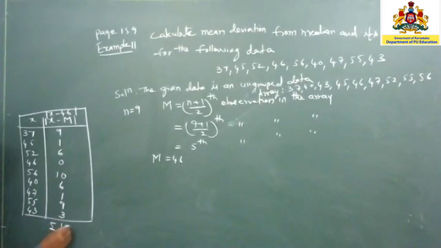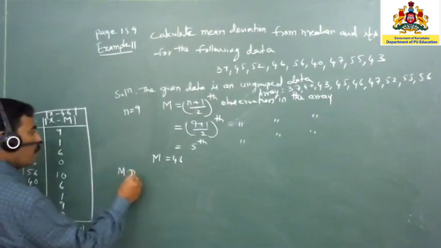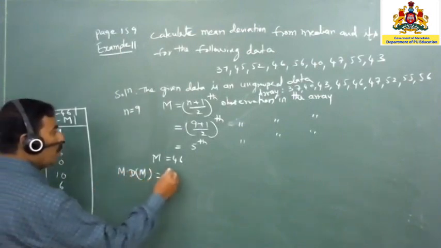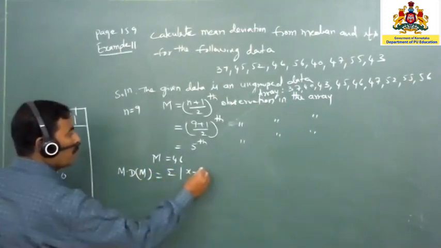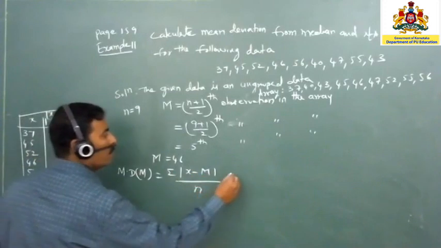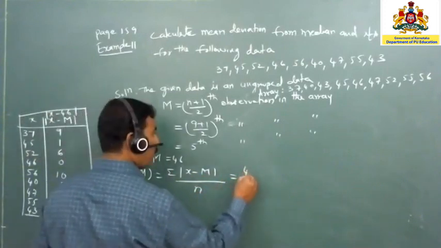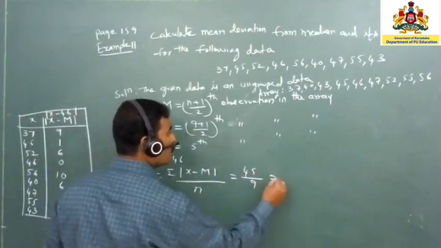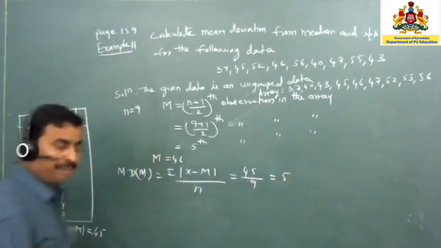Summation modulus of x minus M is equal to total, 45. Therefore, mean deviation from median for ungrouped data is summation modulus of x minus M by n, which is equal to 45 by 9, equal to 5.